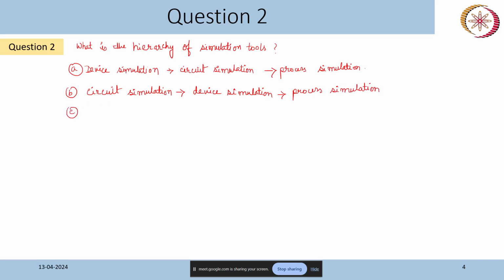Option C is process simulation, next device simulation, and then circuit simulation.